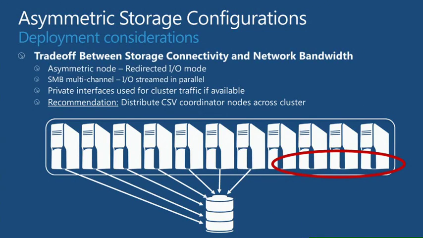You're using SMB multi-channel, so maybe you need to think about how many 10 gig NICs you have based on your asymmetric configuration.